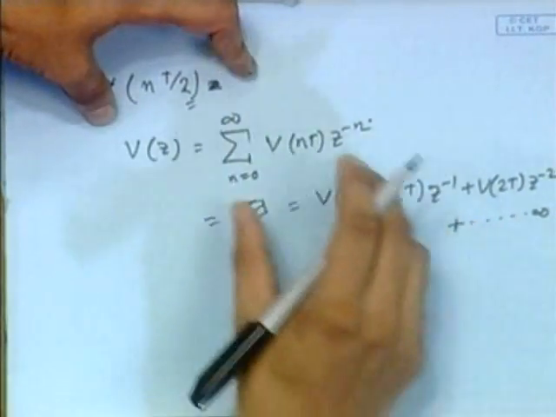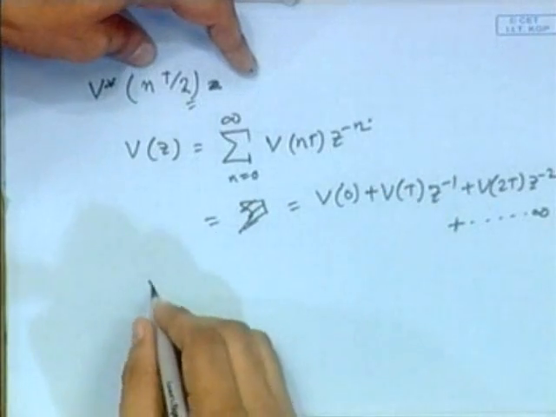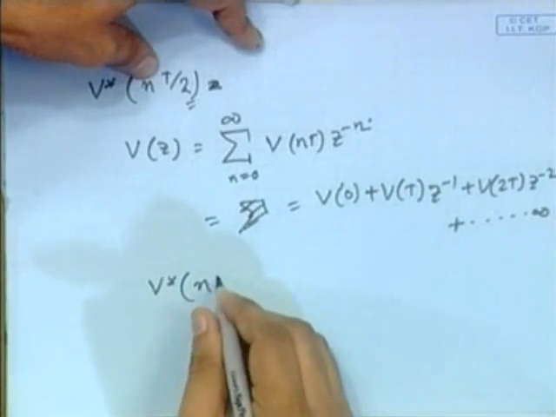So this is the way we represent the Z transformation.